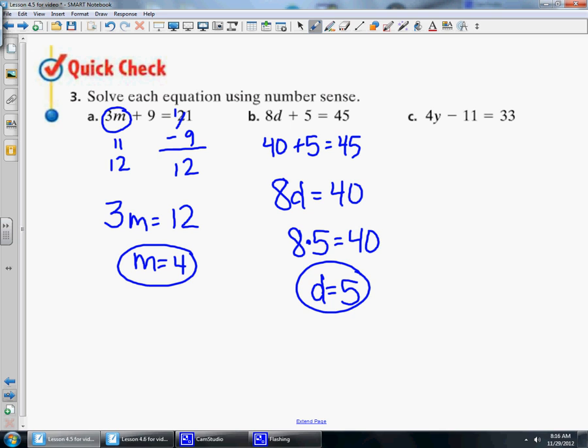Look at this problem. Cover up the 4y. What number minus 11 is equal to 33? Well, we should know that 44 minus 11 equals 33. So that means that 4y has to equal 44.